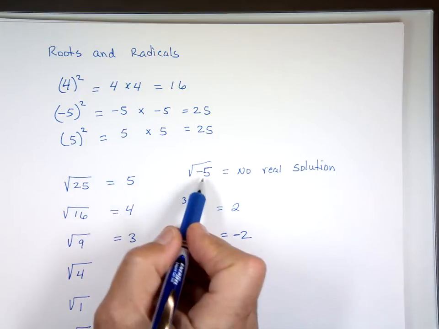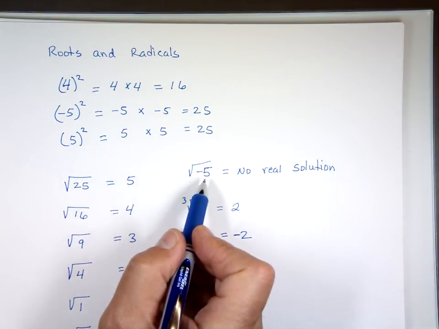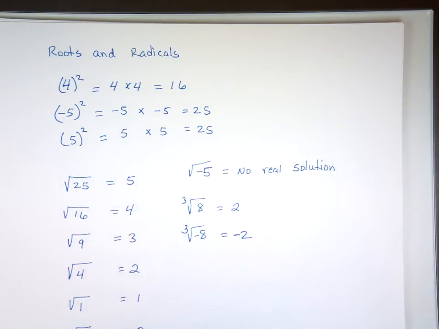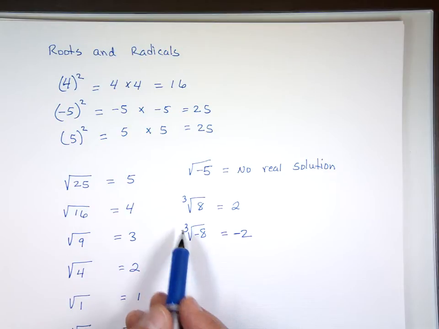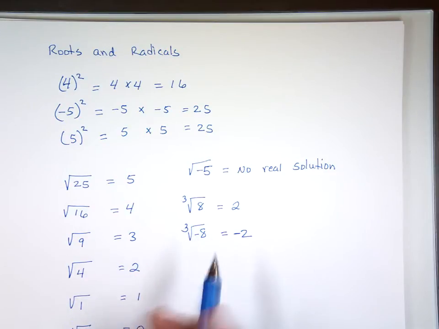So you couldn't do the square root of a negative number, because what number if you multiply it by itself, the answer is going to be negative? Can't be. A positive times a positive is positive, a negative times a negative is positive. So that's why that can't be. There's no real solution. But the cube root, yes, if that number is odd, you can take the nth root of a negative number.